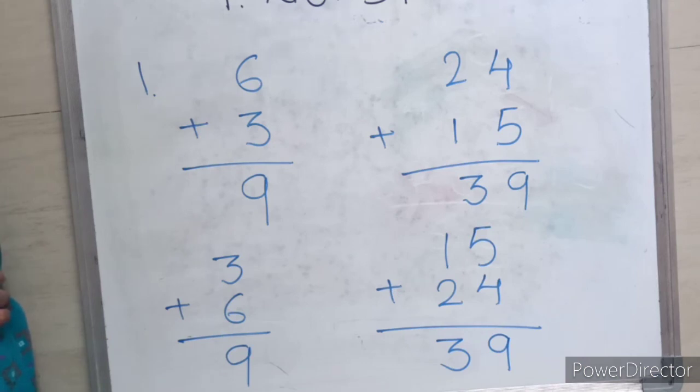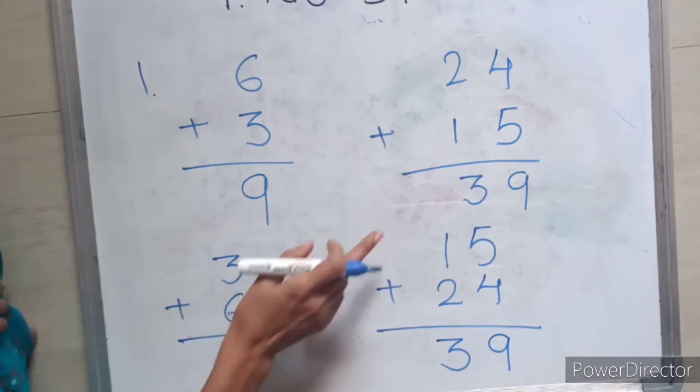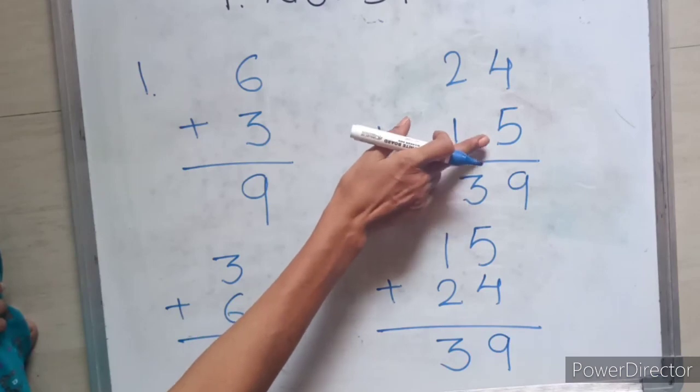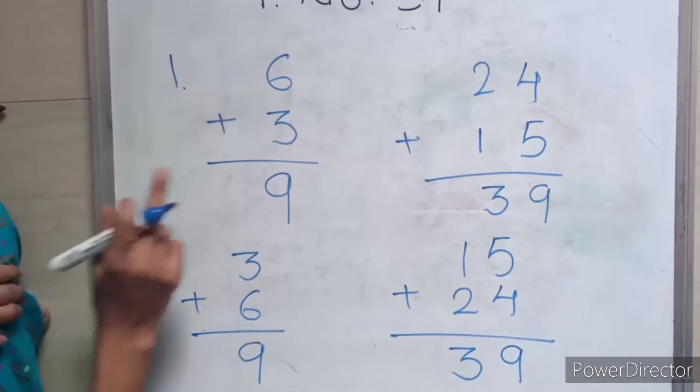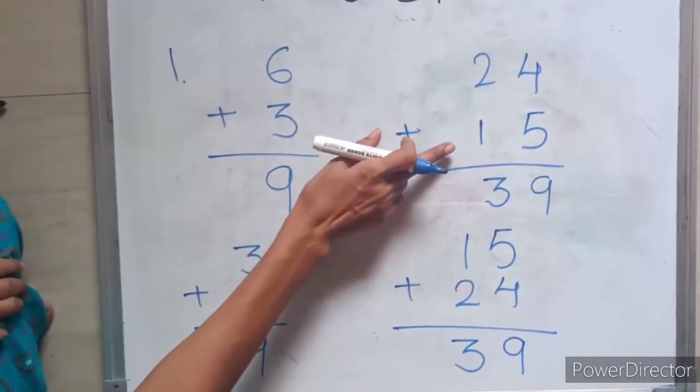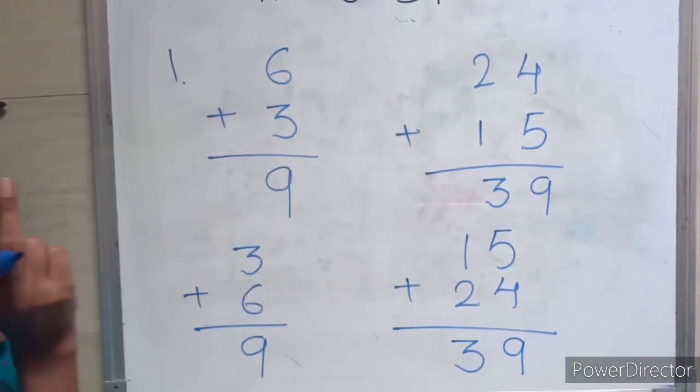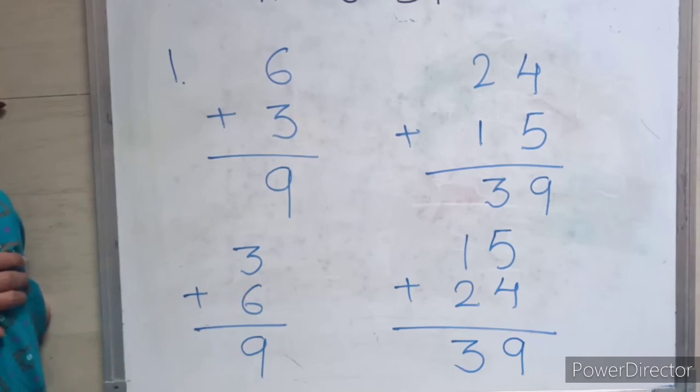See, we changed the order of numbers, but because of the commutative property of addition, the answer remains the same. Now here you can add 4 plus 5 or you can add 5 plus 4 like 1-digit numbers. Here also 2 plus 1 or you can do 1 plus 2. The answer remains the same. Okay.